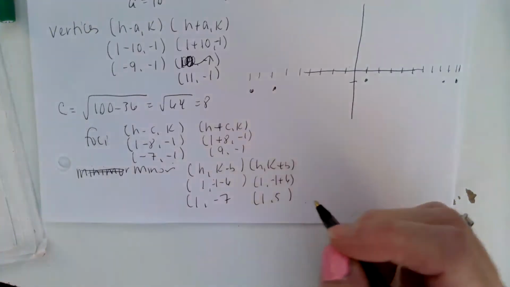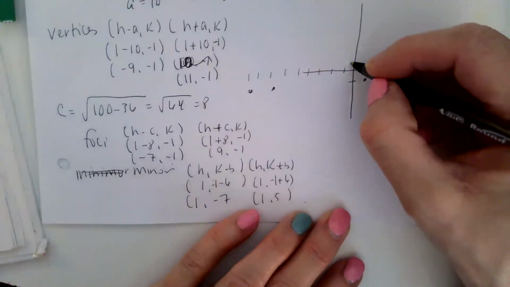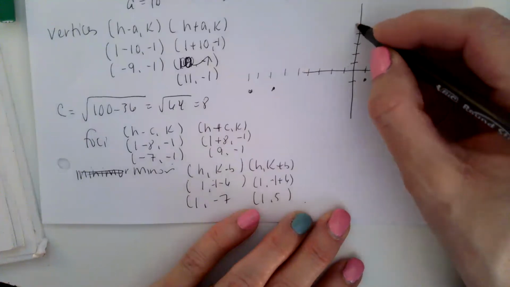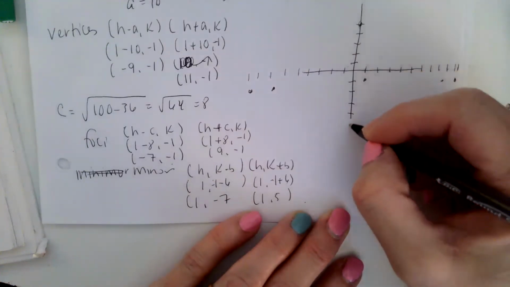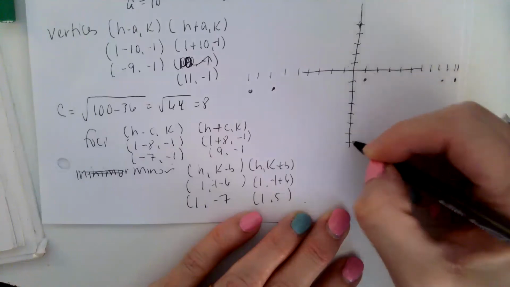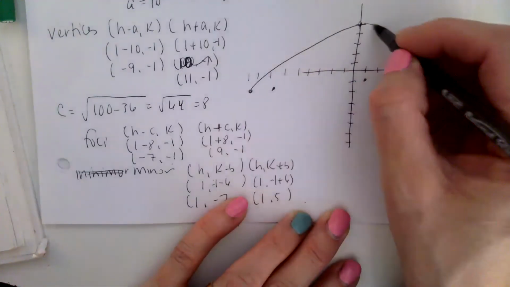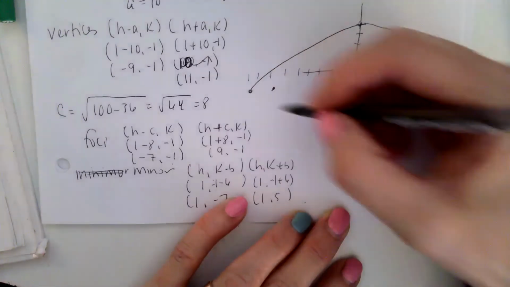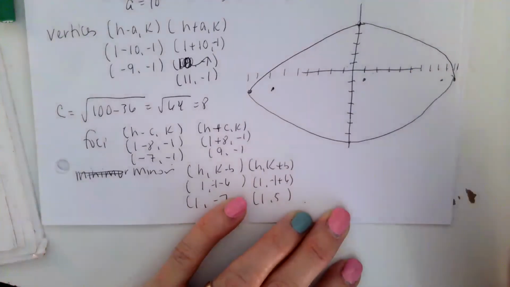So 1 and negative 7 and 1 and positive 5. So 1, 2, 3, 4, 5. So right up at there, and then 2, 3, 4, 5, 6, 7. So it's going to go up there and come down, and then go down and go up.